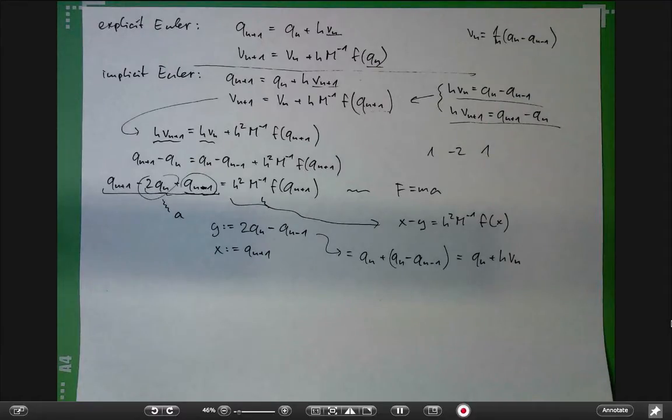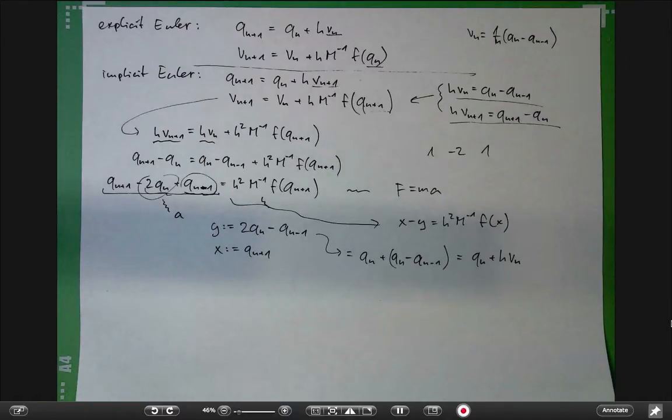It is explicit Euler step, but without any forces, right? This is the pure inertia motion. This is exactly Newton's first law. What does Newton's first law say? Newton's first law says that if there are no forces acting on the system, then the system just continues moving linearly, right?